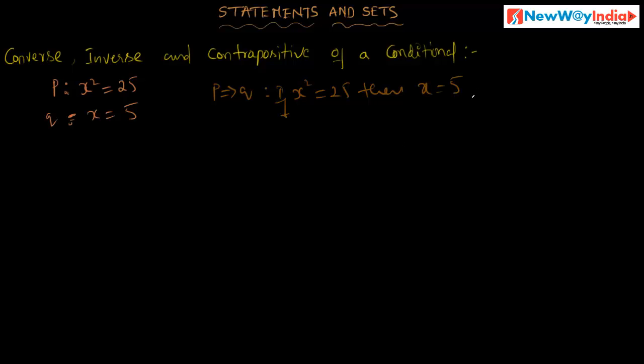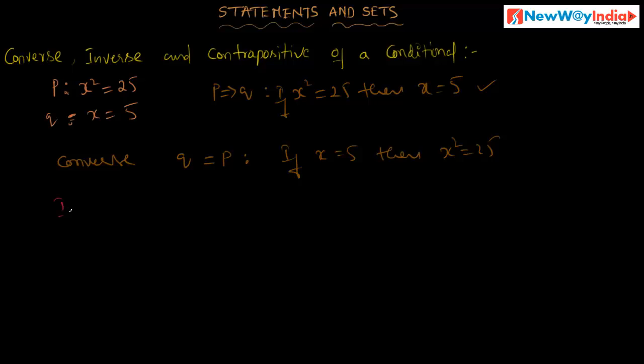Next, what is the converse? The converse of the conditional is Q implies P. That is, if x is equal to 5, then x square is equal to 25. This is the converse of the given conditional.